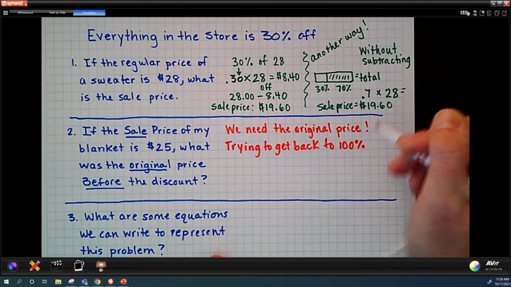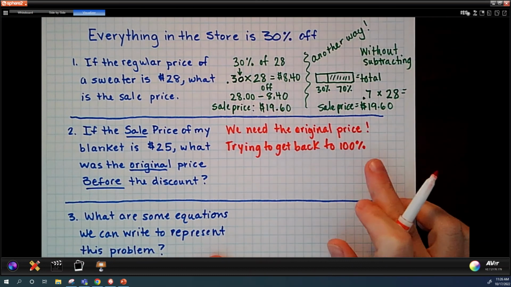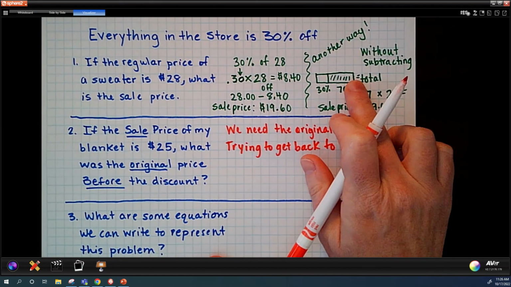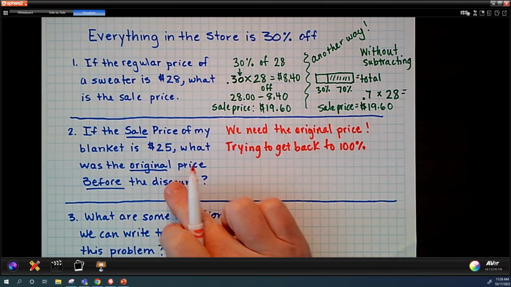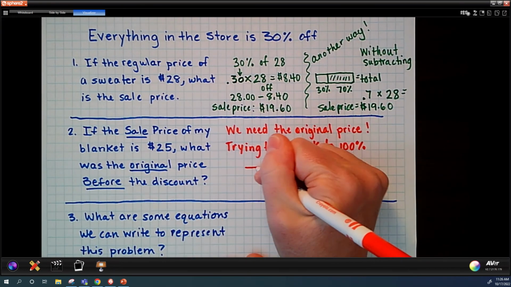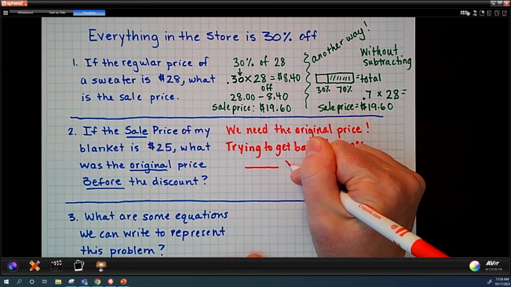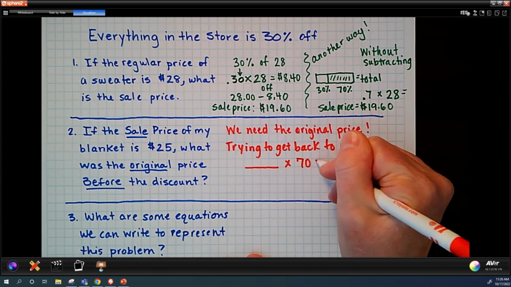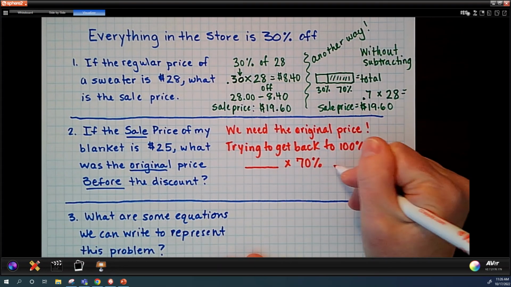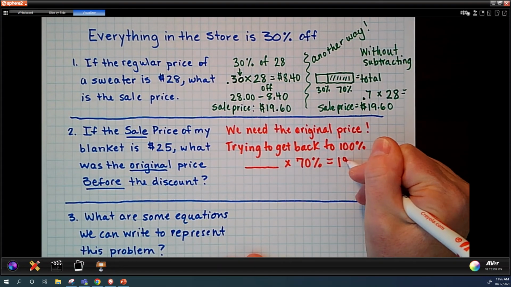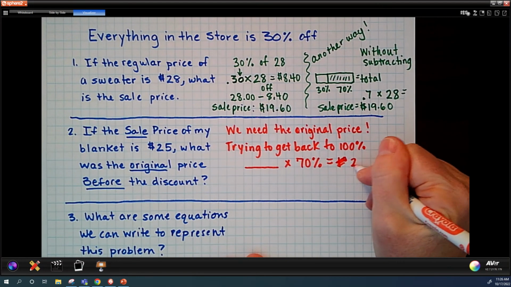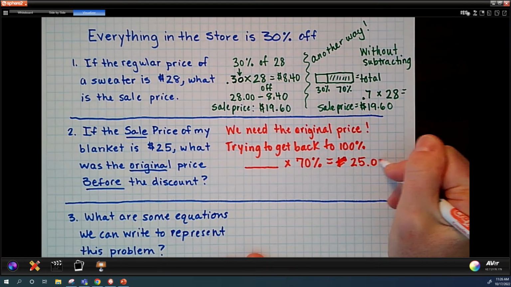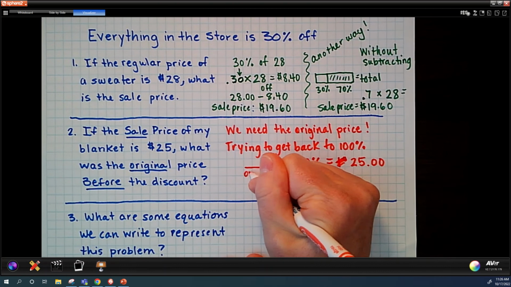Now, we already know we took 30% off, so we need to use the other section, the 70%. So I'm looking for the original price. What price times 70% is going to give me that... oh, actually, $25, right, because I'm doing a different situation.